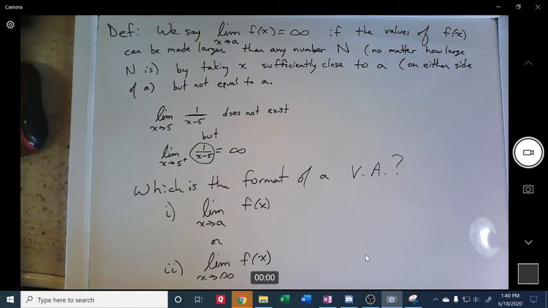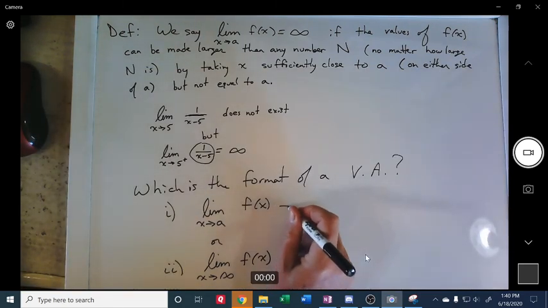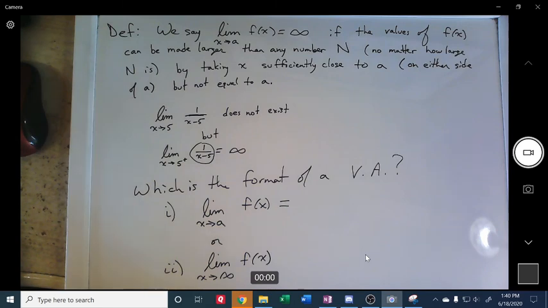All right, group 6. Which format, 1 or 2? Would it be the first one? You're saying this is a vertical asymptote. If so, what kind of thing would go on the right-hand side? Is that Christian? Yeah, sorry.